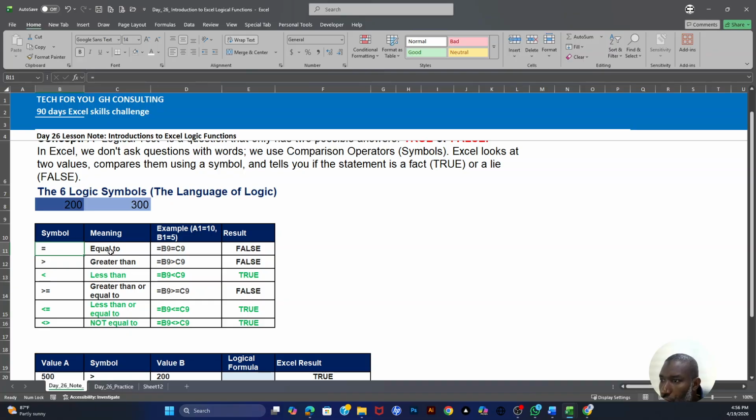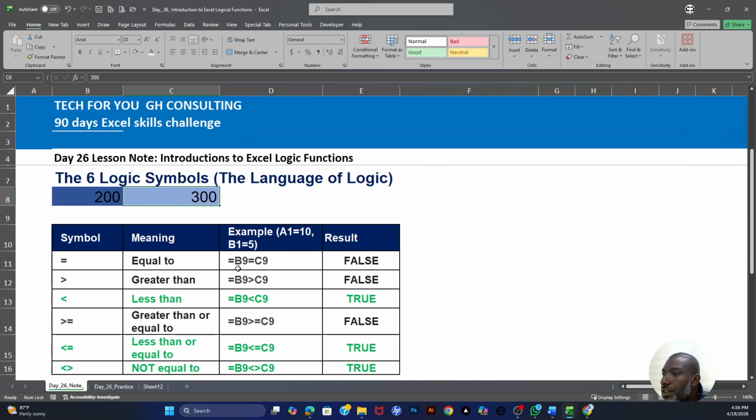So for example, we have 200 in cell B9, and then we have 300 in cell C9. The first equal to sign you see here is the equal to sign that starts a formula, and then the cell B9.